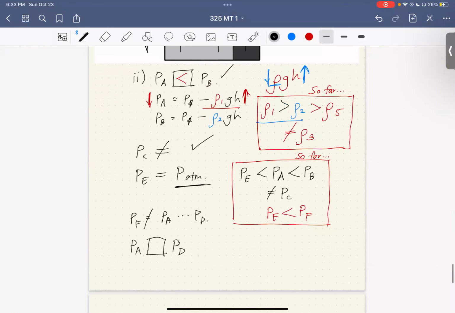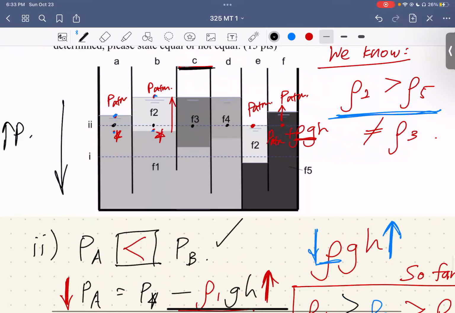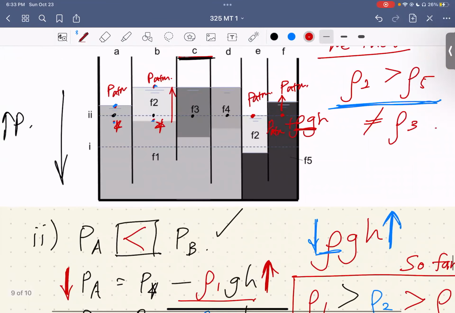So if we take a look up here, sorry, I'm scrolling up and down so much, we can see right away it's similar to what we just did with PB. We have right here PATM. I'm going to erase these two right here.